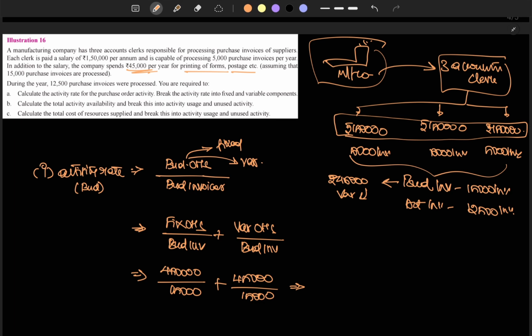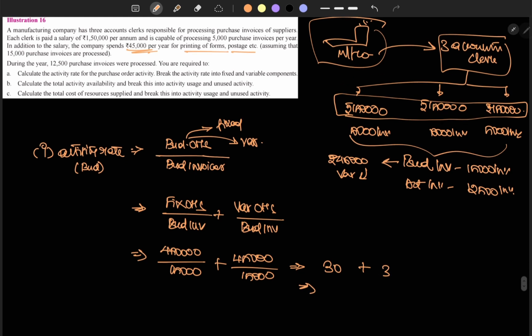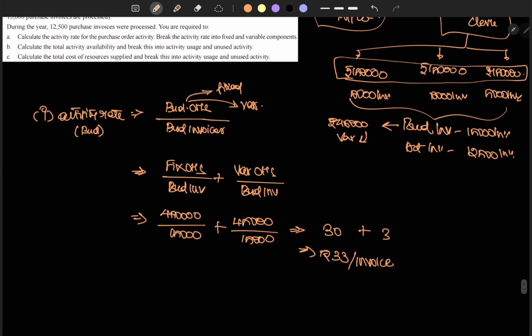So 4,50,000 divided by 15,000 gives us a rate of 30, plus 45,000 divided by 15,000, which is 3. So the total activity rate is rupees 33 per invoice, if the company is processing 15,000 invoices.